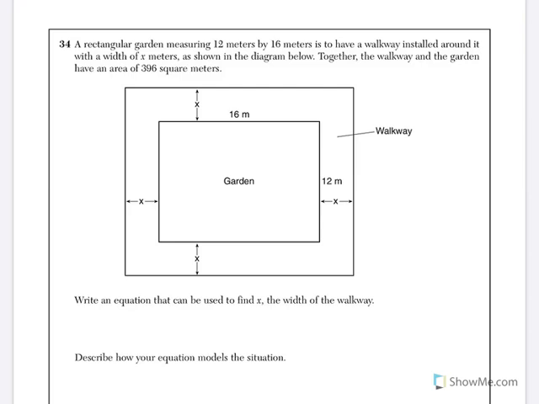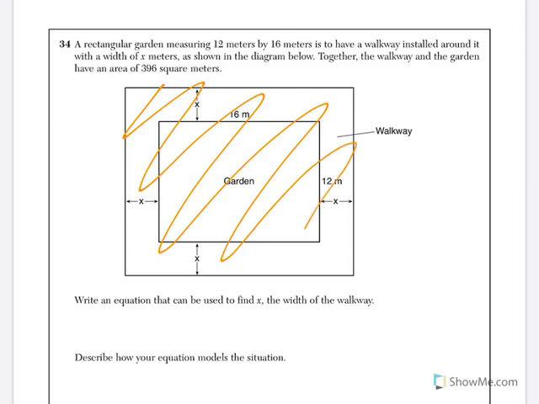So what that's saying is that this entire area of the garden and the walkway is 396 square meters. So what we have to figure out is how to write an equation that can be used to find x, the width of the walkway.